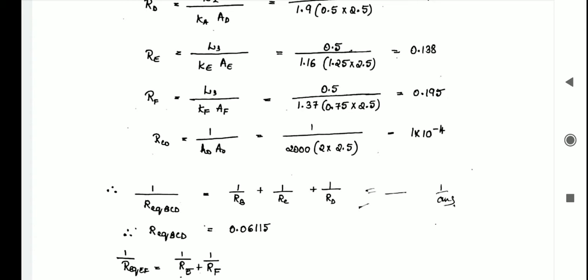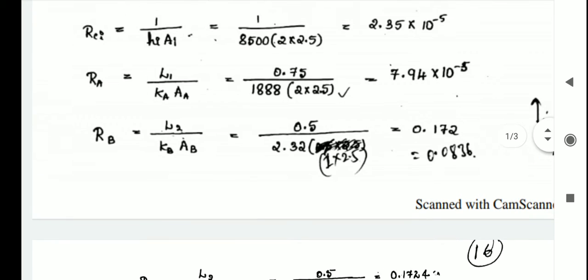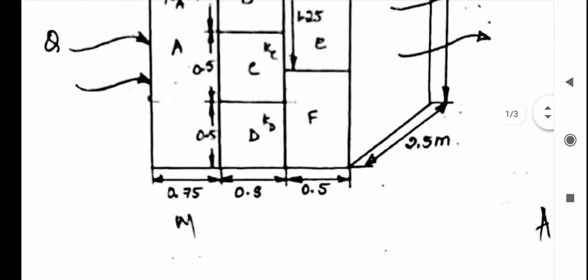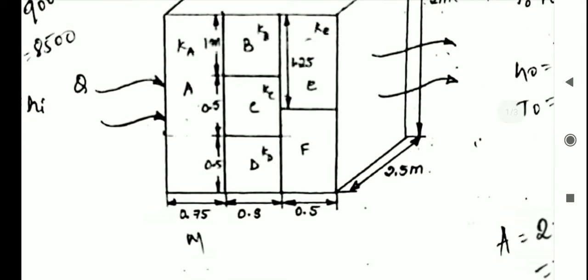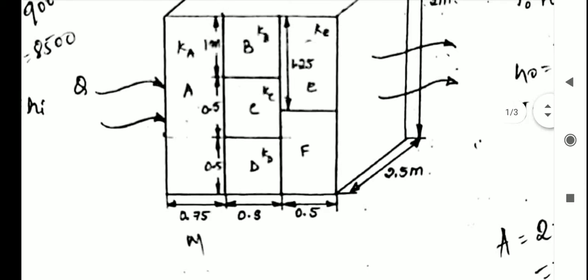And the last term is the convection term, 1 divided by h out into area out. So 1 divided by 2000 into the entire area, 2 into 2.5, you will get 1 into 10 raised to minus 4. First we have to consider R equivalent BCD, and next R equivalent EF.